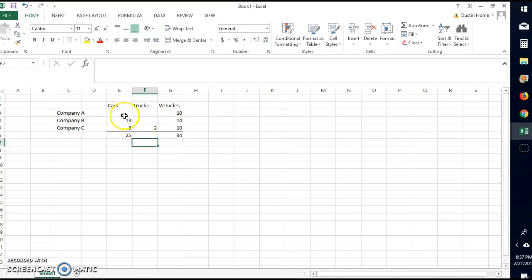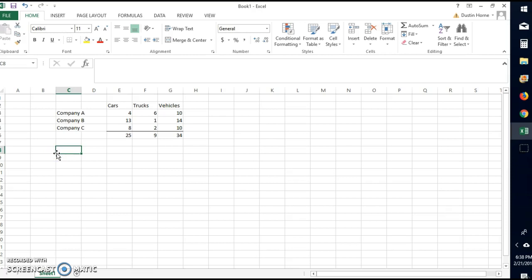And then here, we would need this to be 4 for the cars to add up to 25. For trucks, if company A has 4 cars and 10 vehicles, then 4 plus 6 would give us 10. And then we would put 1 here. So now all of this should add up. It's kind of like filling in the blanks.